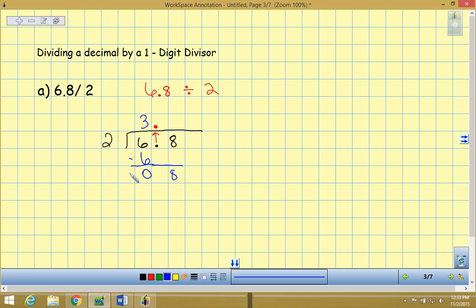I know that's kind of spread out. How many times can 2 go into 8? 4. So 4 times 2 is 8, and 8 minus 8 is 0. So your answer here is 3 and 4/10.